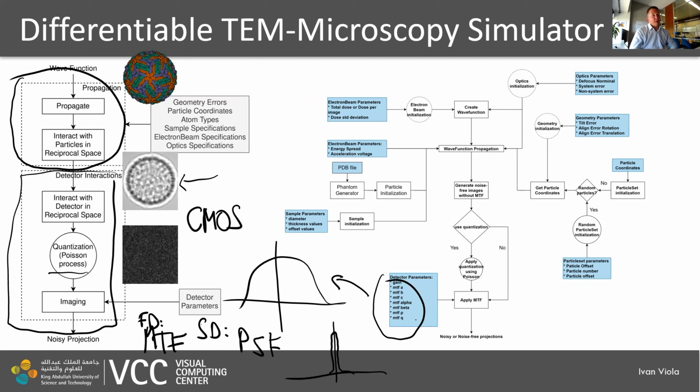By the differentiable approach, by giving the system some representative projections, we can learn, or by means of optimization estimate, these values which characterize the MTF. So we can characterize a detector property with this.